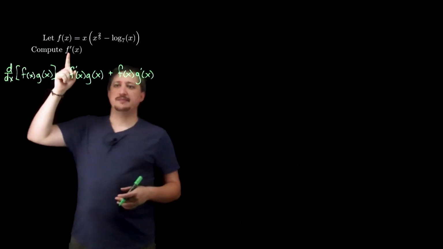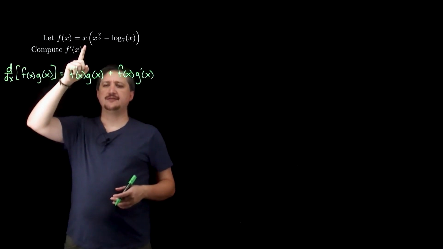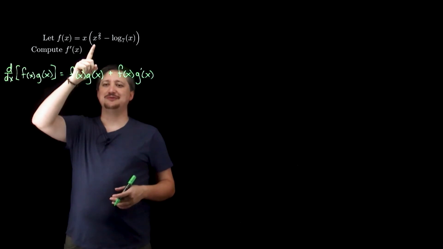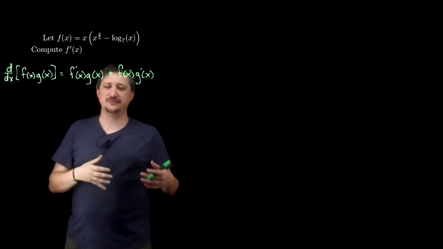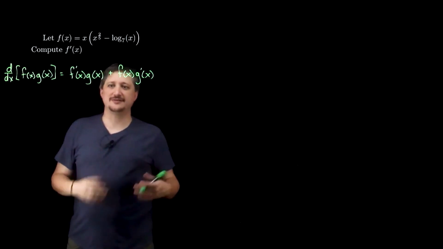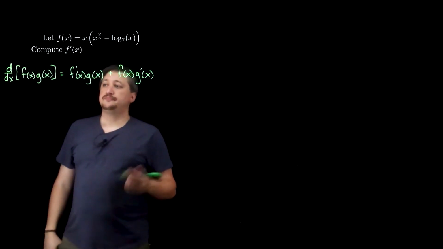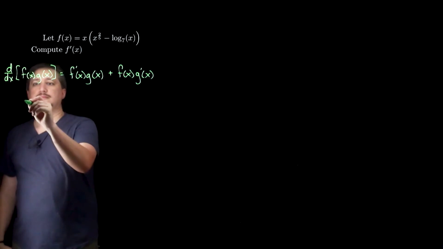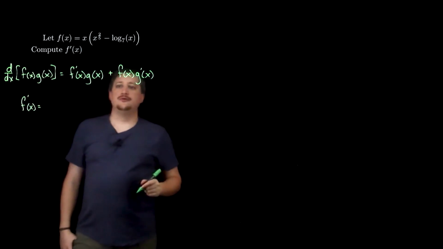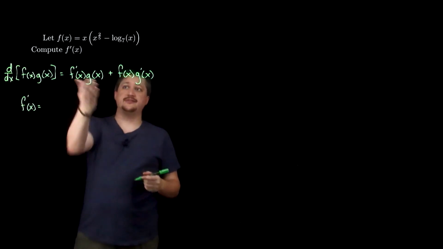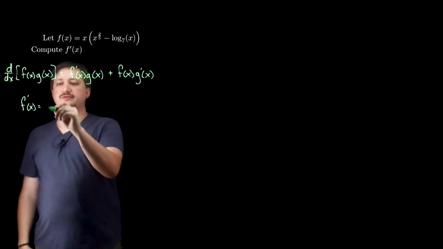In my case, my f has one function, which is x, and the other function is x to the 2/5 minus log base 7 of x. So f prime. Take the derivative of the first. Well, that's easy enough. That's just 1.